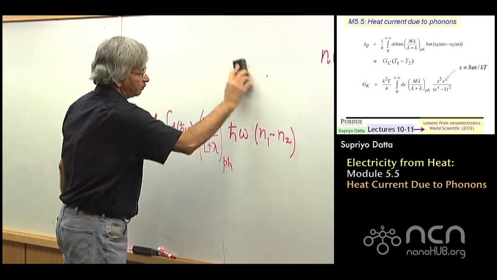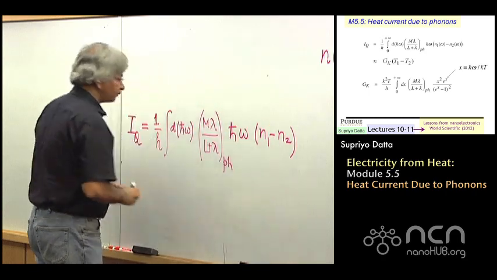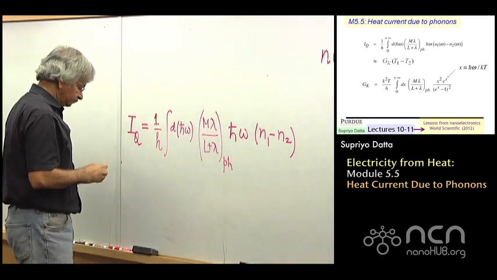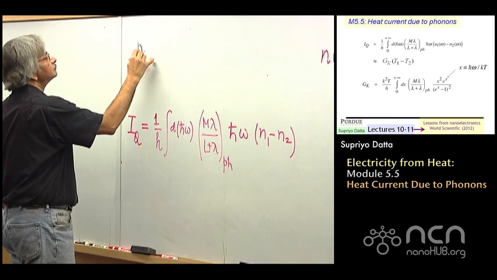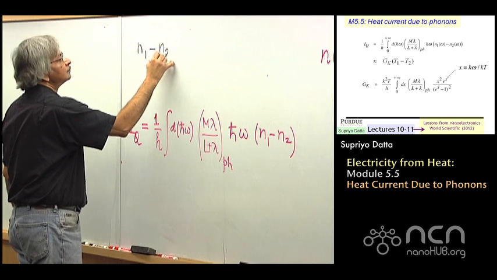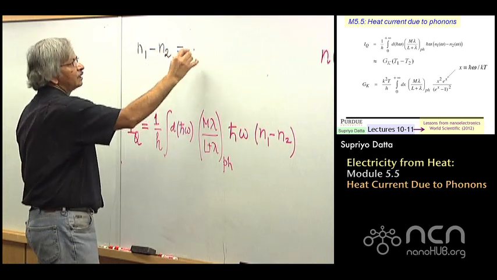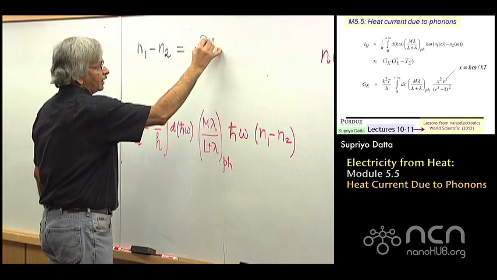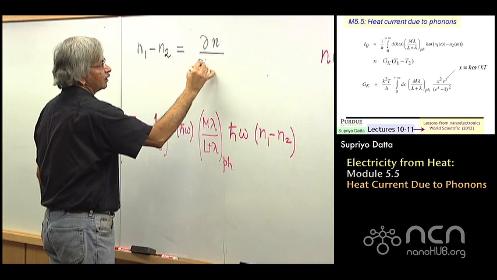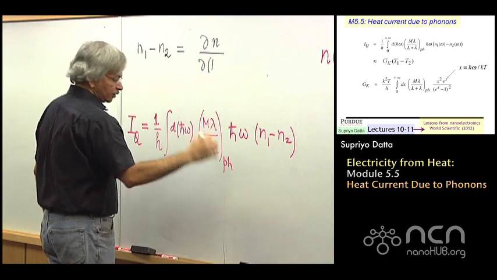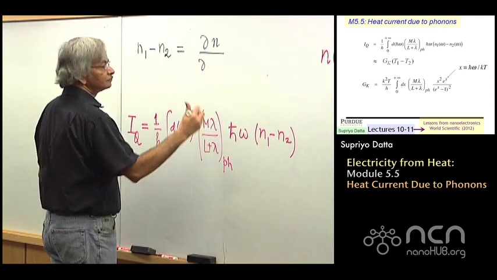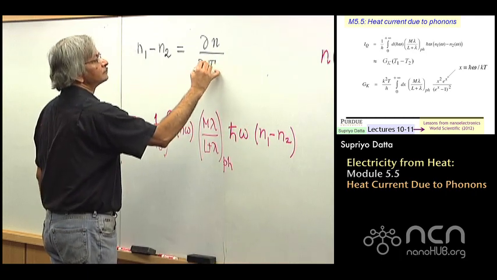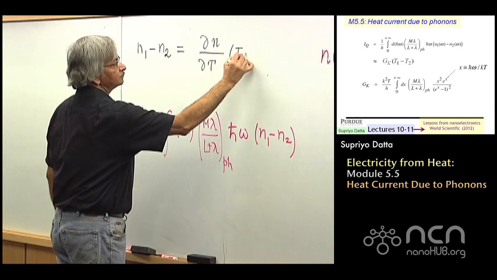So the approach would be that when I write N1 minus N2, it would be like the partial of n with respect to temperature, times T1 minus T2.